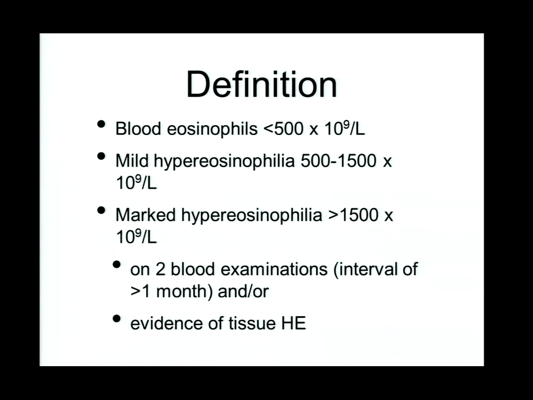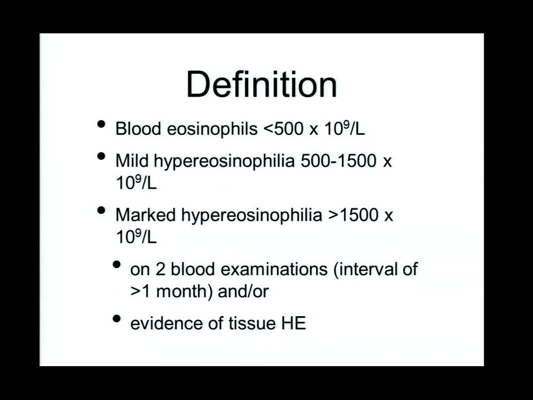So eosinophilia: blood eosinophils are usually less than 500 cells per microliter in peripheral blood. And that's normal. And mild hypereosinophilia is seen through multiple diagnoses. And mild is considered between 500 to 1,500.